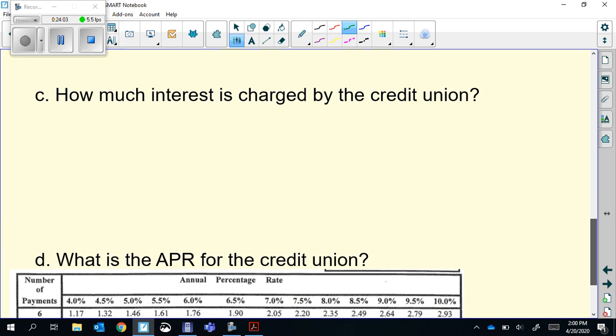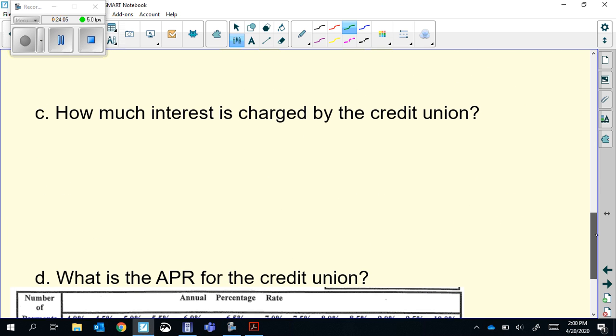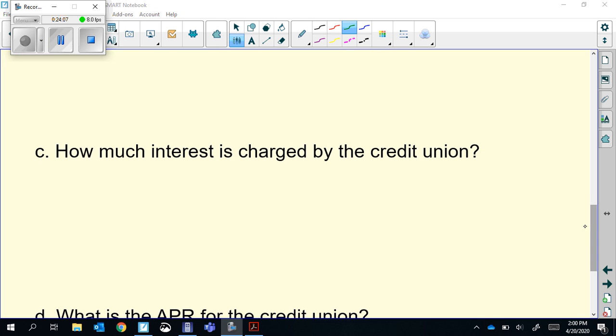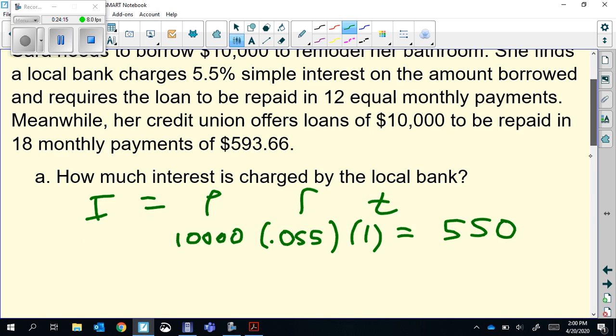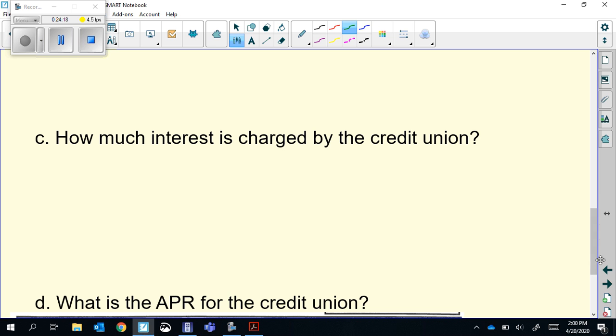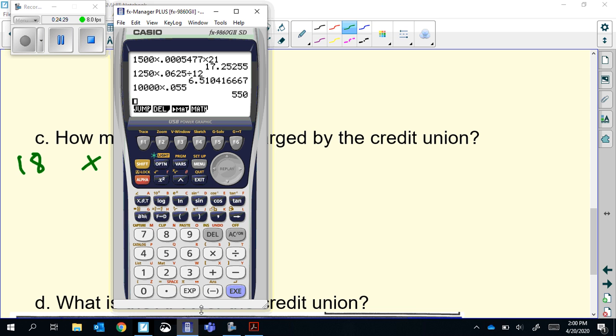So now we're going to look at the credit union, how much interest is charged by the credit union. And the credit union is charging 18 payments of $593.66. That's 18 payments. So we can multiply that out to figure out how much total money will be paid.